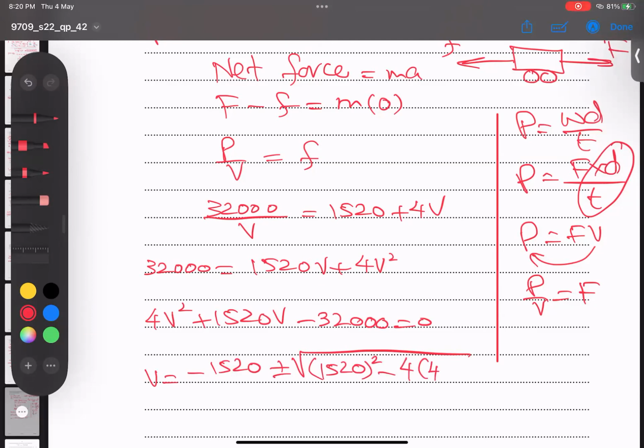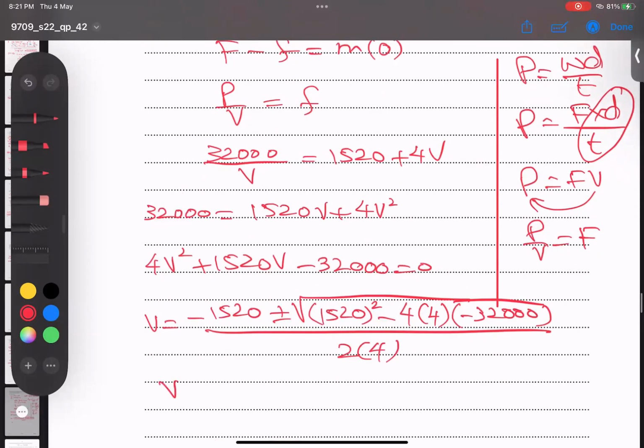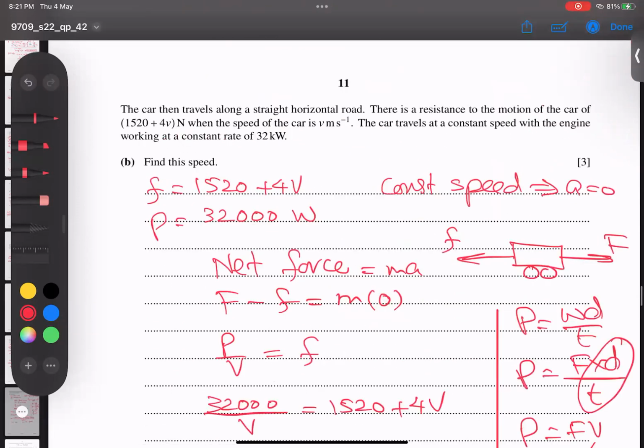A is 4, you can see a is here, students, and c is negative 32,000. All right, I saved my time and applied the quadratic formula. And students, finally, I got two answers. One answer is coming 20 and one is coming negative 40. Negative, ignore. And this is my answer. What question was he asking? The speed. So that's it.